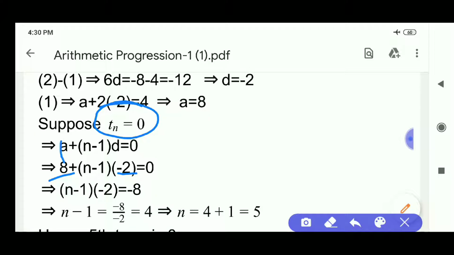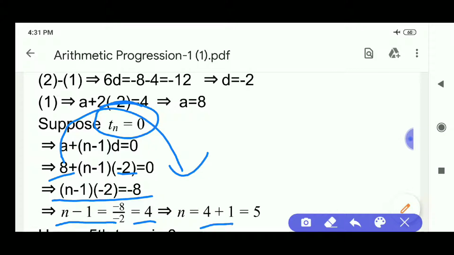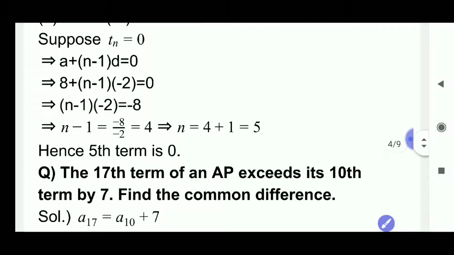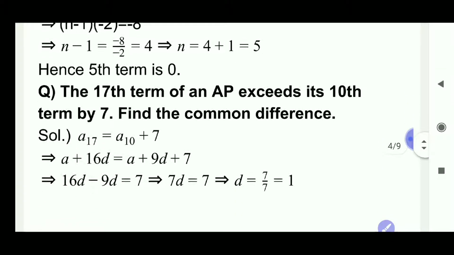Sending this 8 to the right side, we get n minus 1 into minus 2 is minus 8. So n minus 1 is minus 8 by minus 2, that is 4. So n is 4 plus 1, that means 5. Hence, the fifth term is 0. Let us solve one more question.